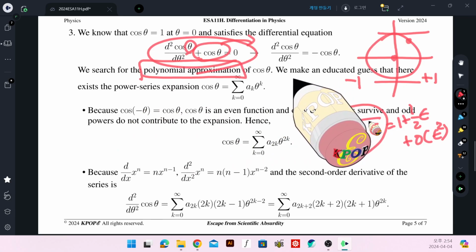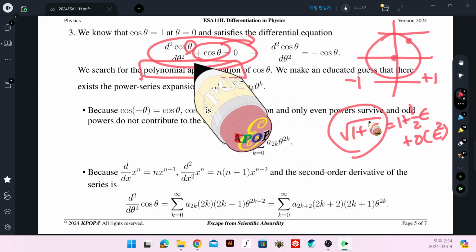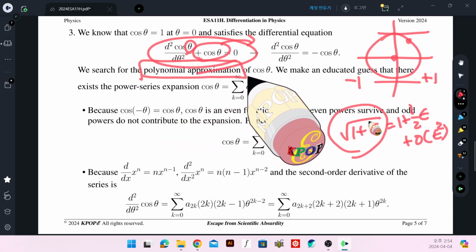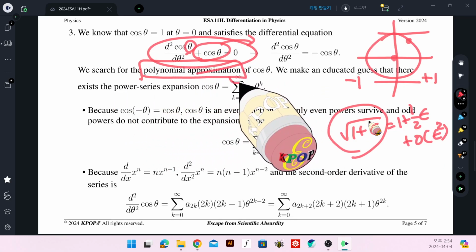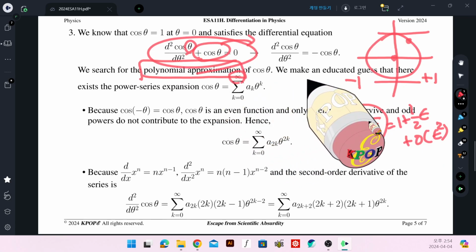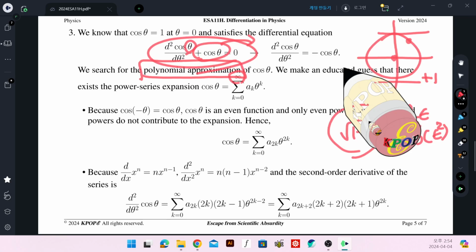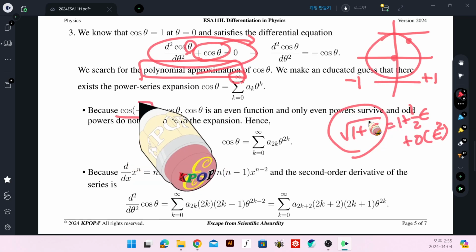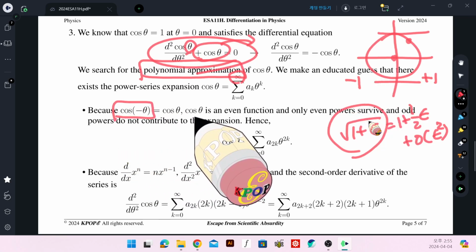All right, we'd like to introduce this polynomial that does not terminate at a finite value, but can be summed to infinity. We remember the cosine function is an even function.